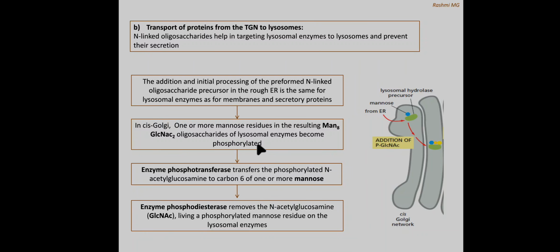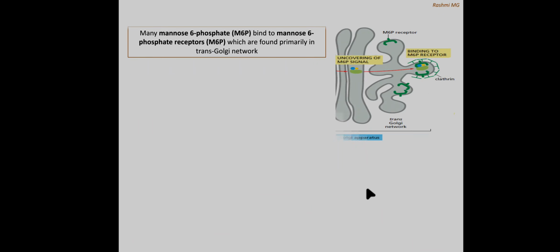This phosphate has been inserted into mannose from phosphorylated N-acetylglucosamine, at carbon 6 of mannose. The enzyme phosphodiesterase removes N-acetylglucosamine after phosphorylating mannose.